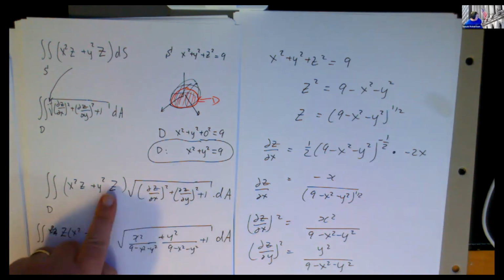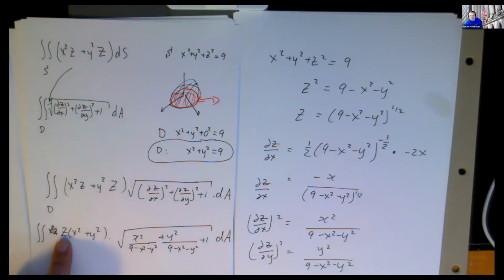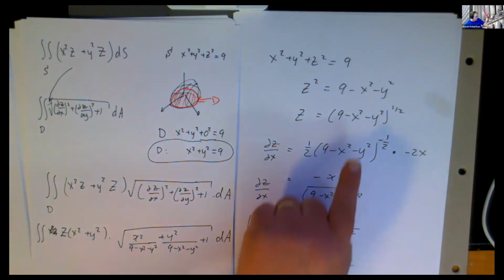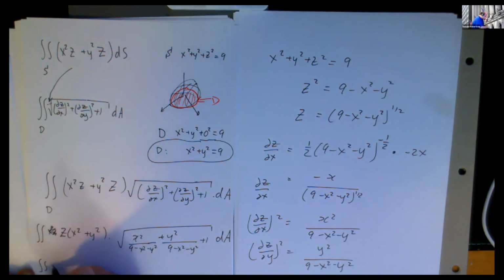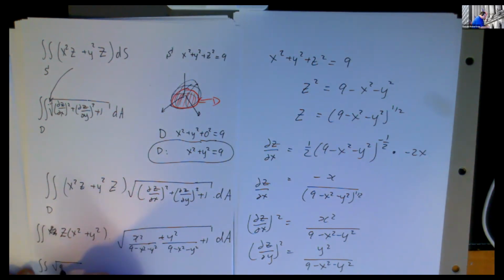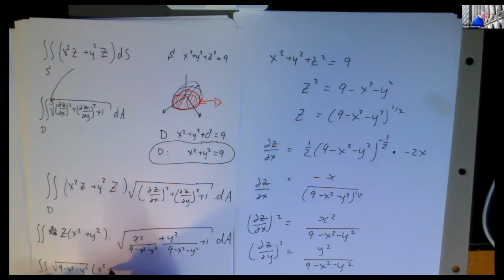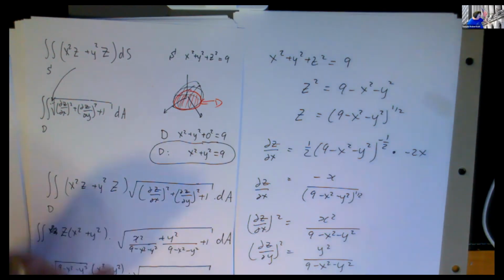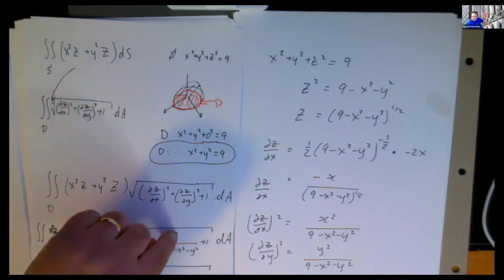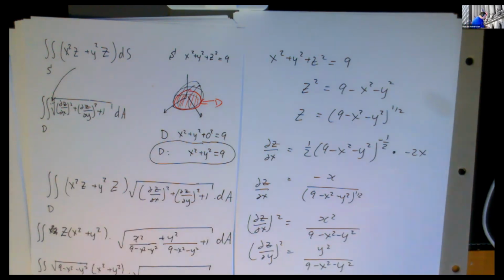Now, the reason I pulled out a z here, and it was kind of last minute because I only noticed it at the last minute, is shouldn't that z be turned into x's and y's as well, like everyone else was? In fact, it should be turned into this guy. So I now have the double integral of the square root of 9 minus x squared minus y squared times x squared plus y squared times the square root of, if you take this guy and you add 1 to it, you will get something relatively nice looking.